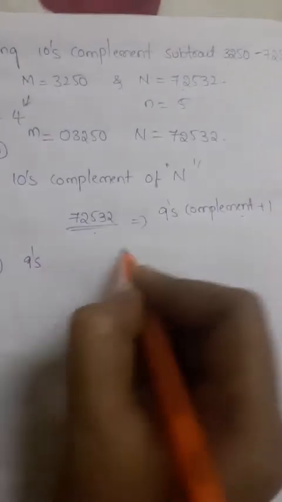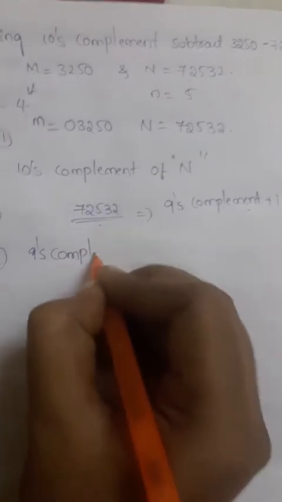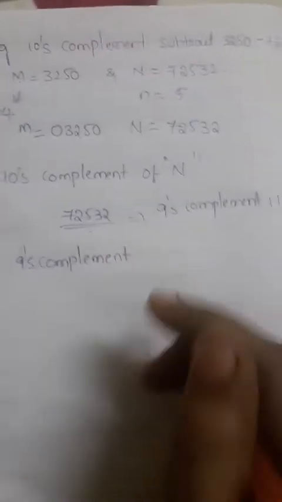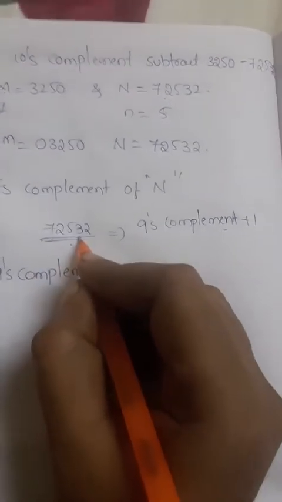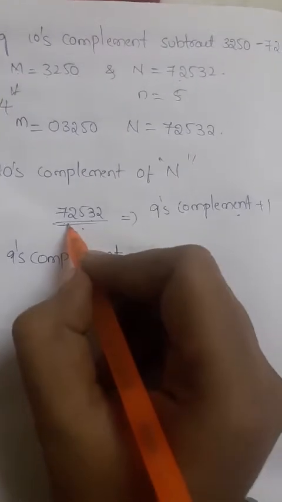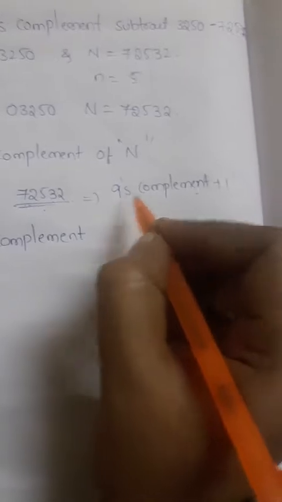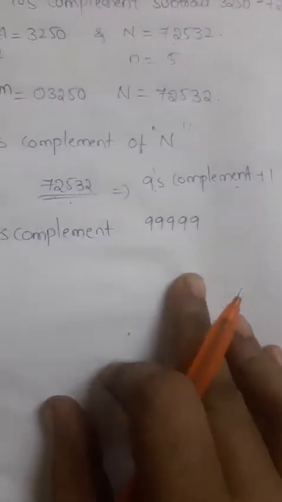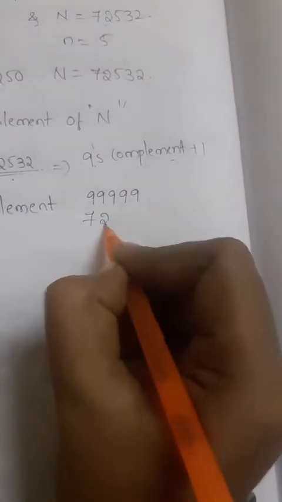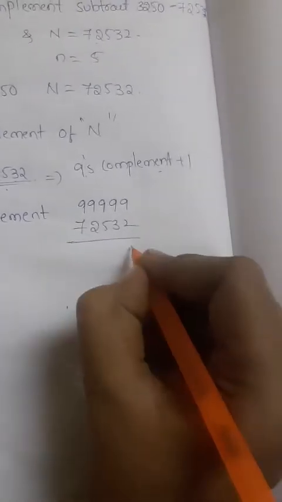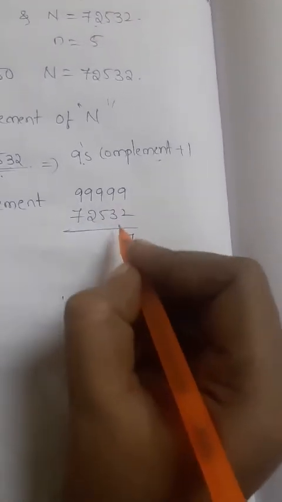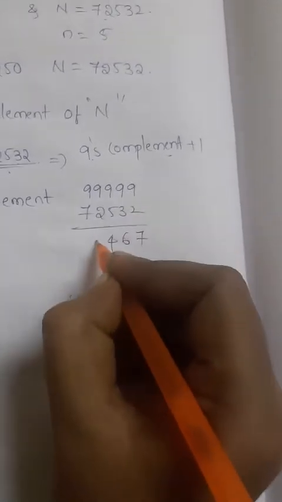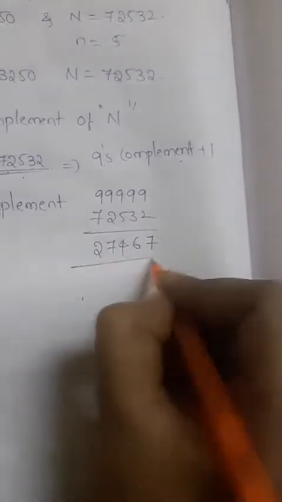To find the 9's complement, each digit of the number is subtracted from 9. The number has 5 digits, so I take 99999 minus 72532. That is 9 minus 2 is 7, 9 minus 3 is 6, 9 minus 5 is 4, 9 minus 2 is 7, 9 minus 7 is 2.